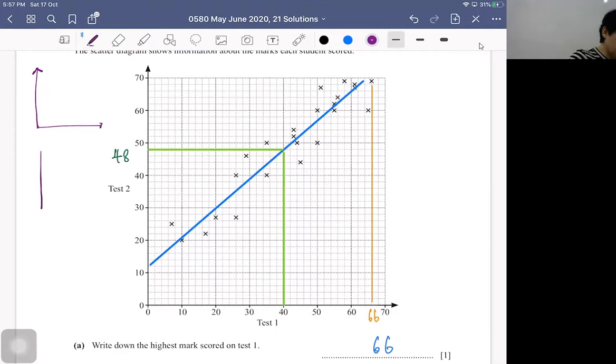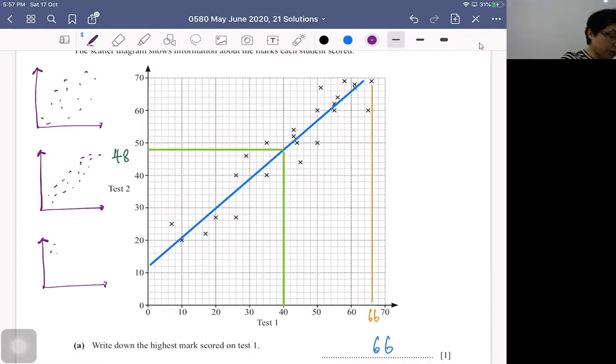Being scattered, meaning the dots are scattered all around. But sometimes you notice that it's scattered, but with some kind of significant trend.